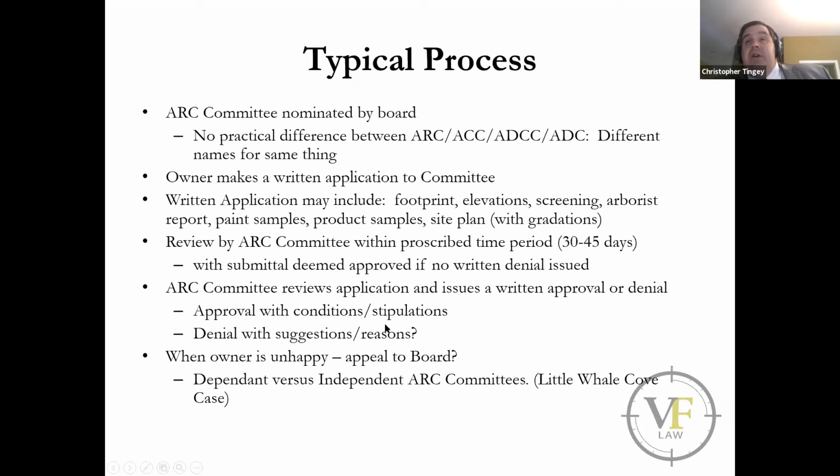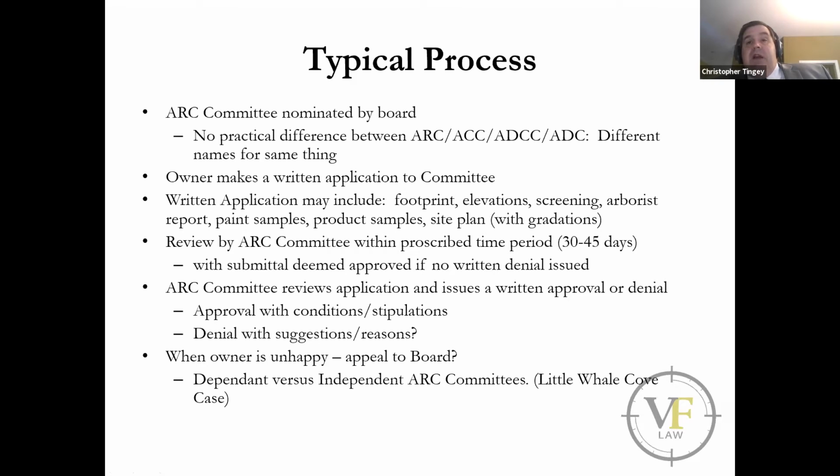So, for example, we approve it upon the condition that you use a Sherwin-Williams paint as opposed to a Benjamin Moore paint. Maybe they submitted a Benjamin Moore paint chip instead of a Sherwin-Williams paint chip, and you only allow Sherwin-Williams.